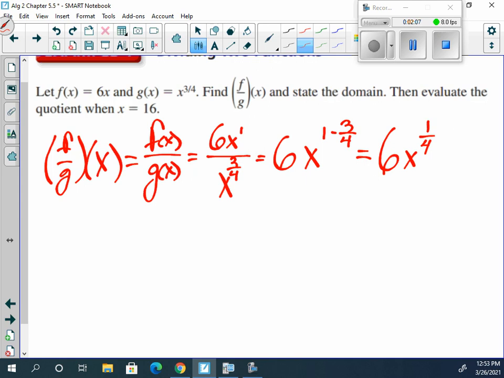Any questions on any of this here so far? Now we're going to have to look at the domain. Now what would the domain for this here be? But we actually just say greater than. Because of the fact that we're dividing, the denominator or the bottom or what we're dividing by cannot be 0.